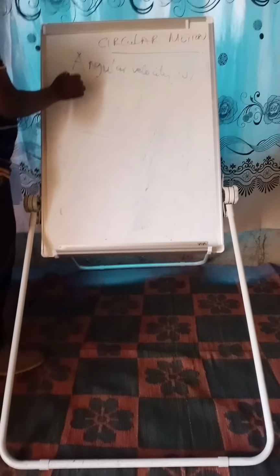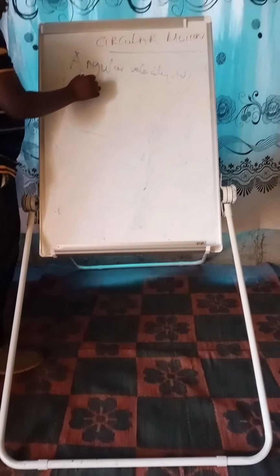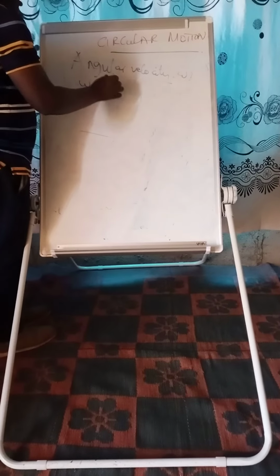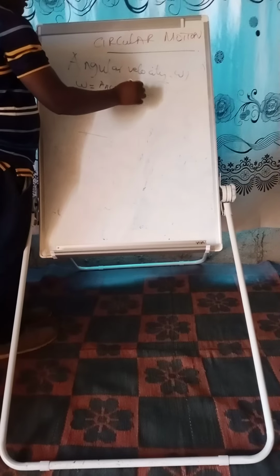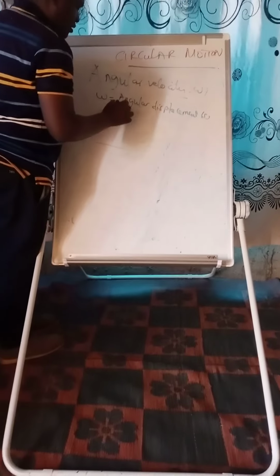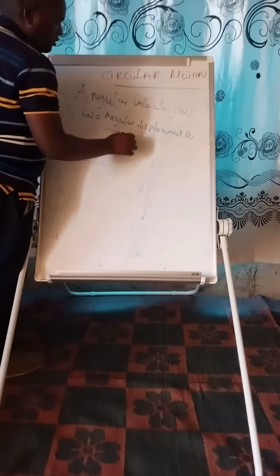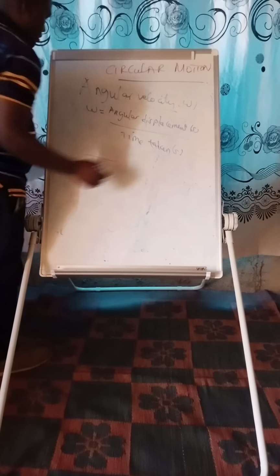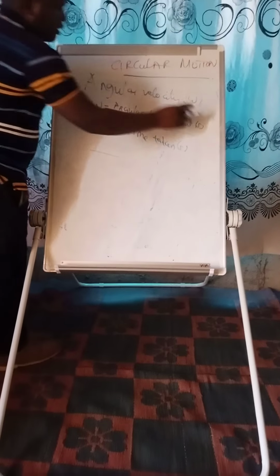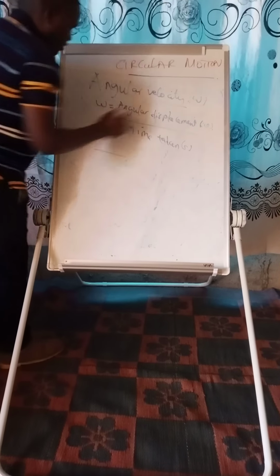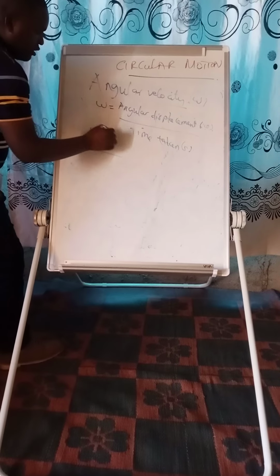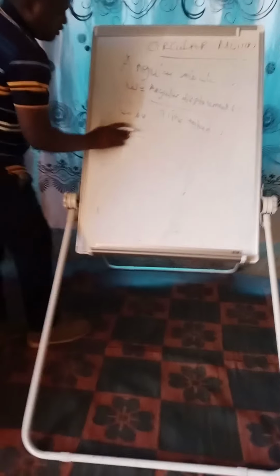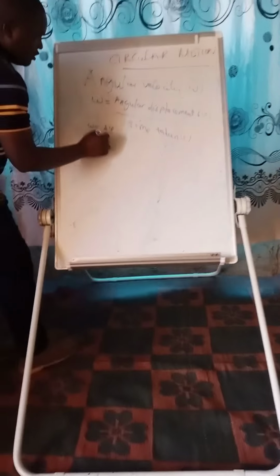So our angular velocity omega will be equal to angular displacement theta over time taken. So omega equals change in theta over change in time.